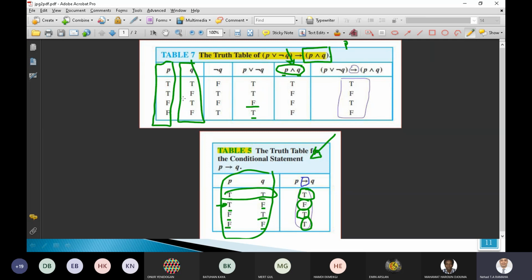The result of the AND operator, if both sides P and Q are true, the result will be true. If any side is false, the result will be false. Here we have P and Q, and we make an AND operation between them. True and true, the result will be true, because here we have Q false, we have P false, we have P and Q false, then all the remaining will be false.